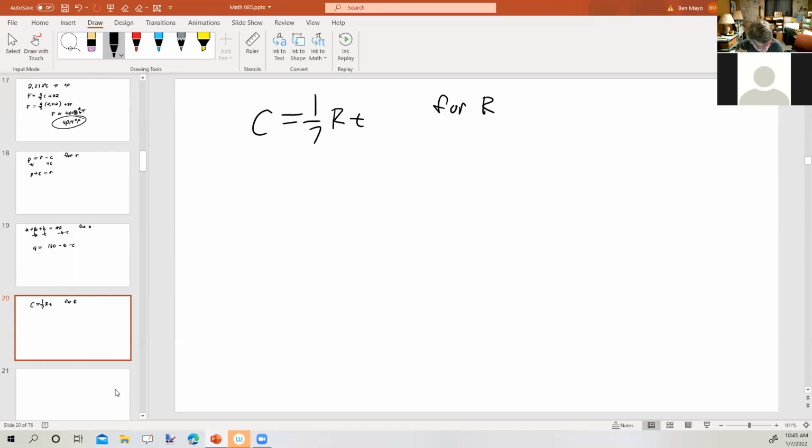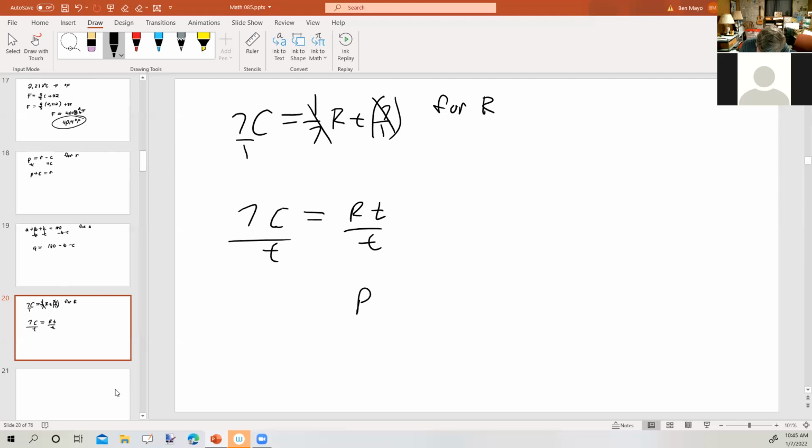So pay attention to the cases of the variables. Okay, solve for R. Well, to get rid of the 1/7, I'm going to multiply both sides by 7. So I'll get 7C equals RT. Then I'll divide both sides by T, and I get R equals 7C over T.